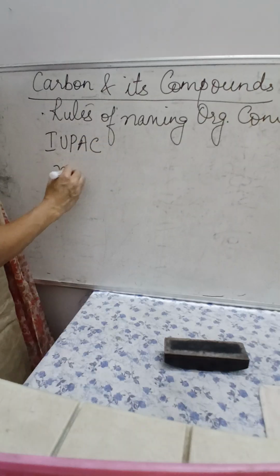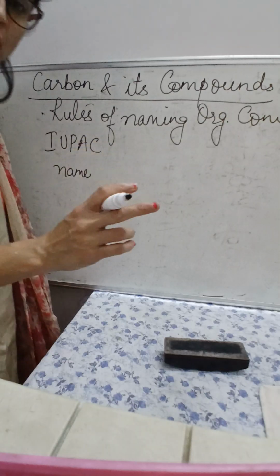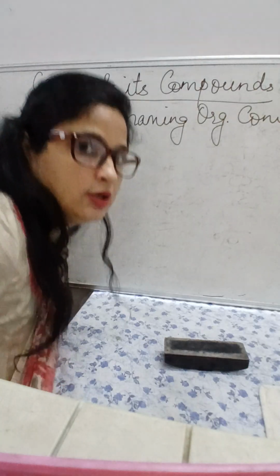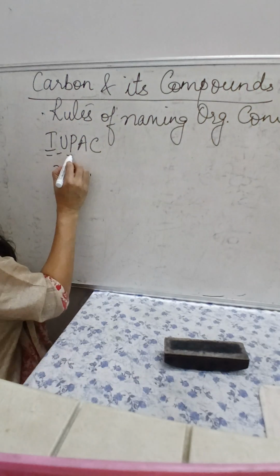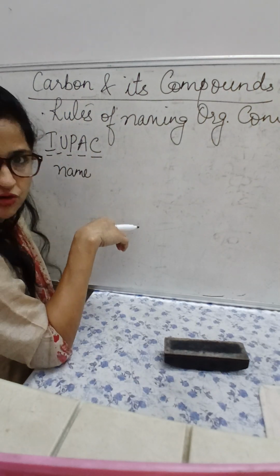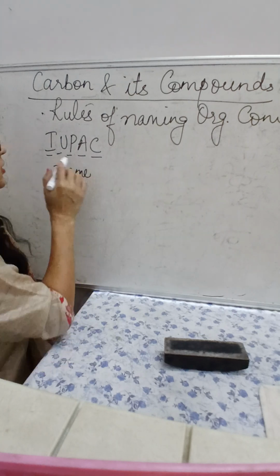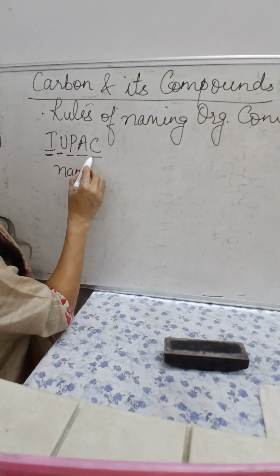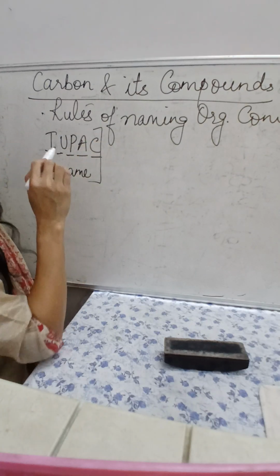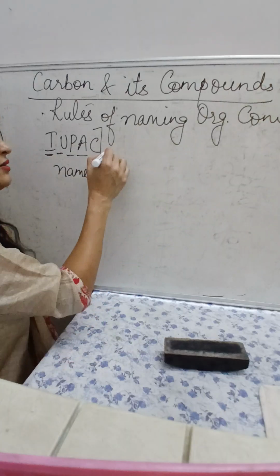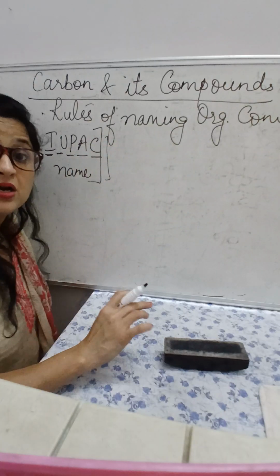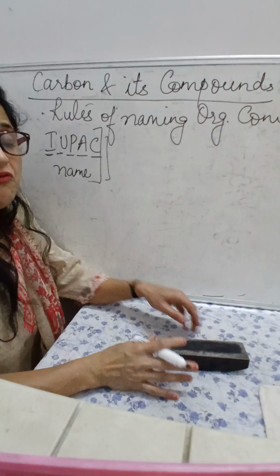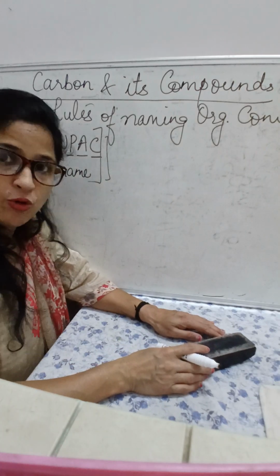According to the IUPAC name, the full form is International Union of Pure and Applied Chemistry. Again I will repeat, the full form is International Union of Pure and Applied Chemistry. IUPAC has defined certain rules. How are we supposed to name the hydrocarbons?